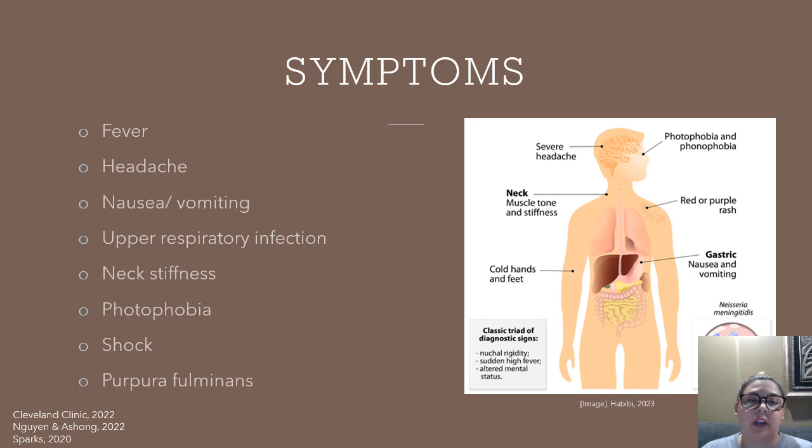Later presentation of meningococcal disease includes neck stiffness, photophobia, petechiae, which is a hemorrhagic rash, altered mental status, shock, abnormal skin colors, and purpura fulminans. Purpura fulminans begins with dermal microvessel thrombosis that rapidly leads to hemorrhagic skin necrosis. Target populations include infants, teenagers, young adults, and individuals suffering from sickle cell disease or who are immunocompromised.